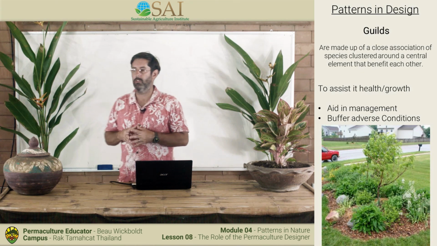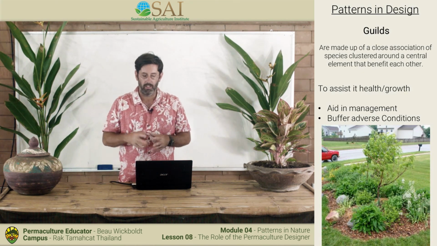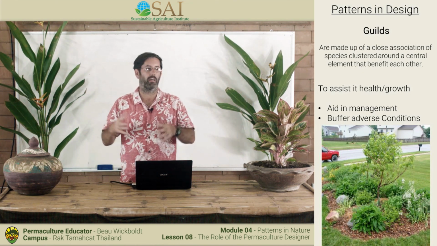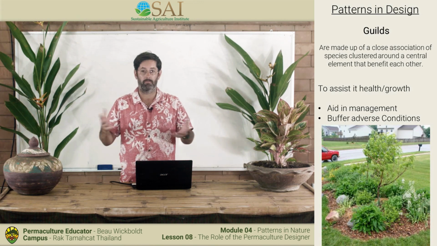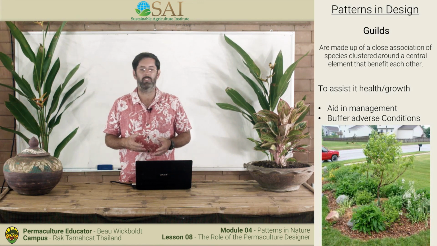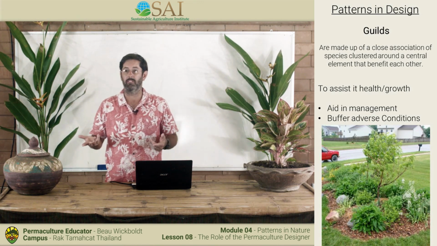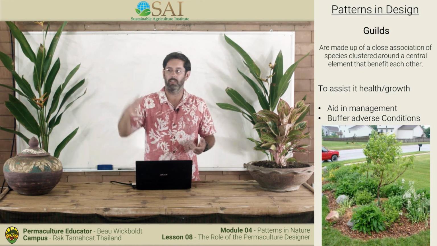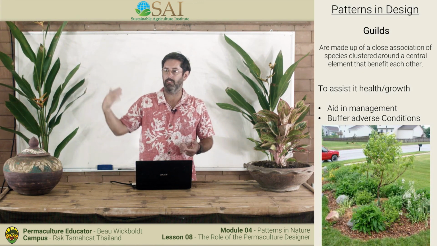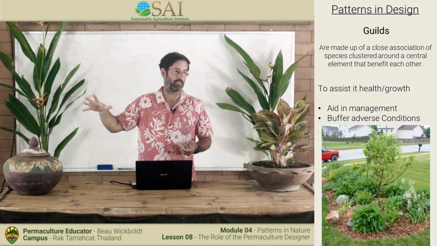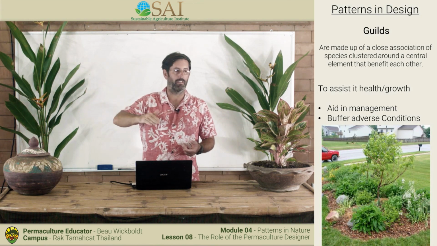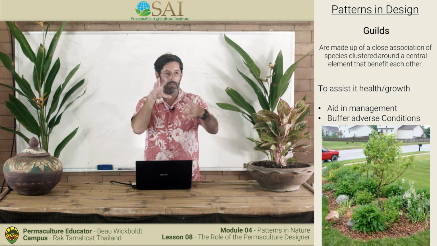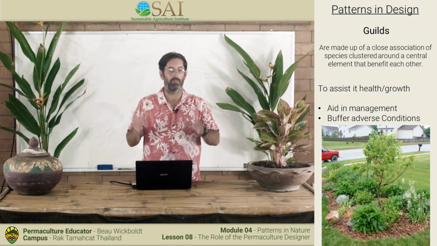We try to create guilds to lower our interaction, to better aid in management. I don't have to manage the lettuce with organic or non-organic herbicides or pesticides, because I can utilize the natural pesticide resistance of a chili plant, because nothing likes to go next to the chili plant, but it doesn't hurt my lettuce that's under the chili plant, so the bugs stay away.